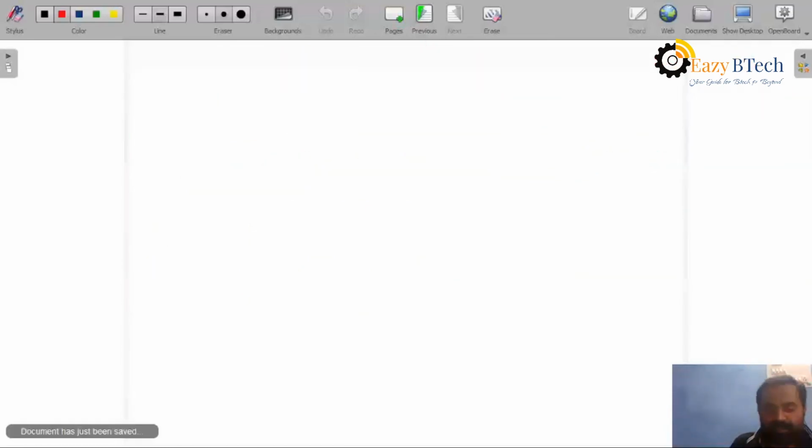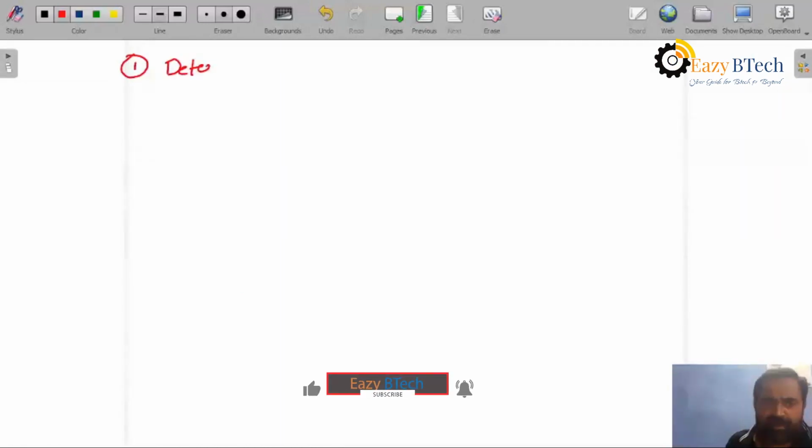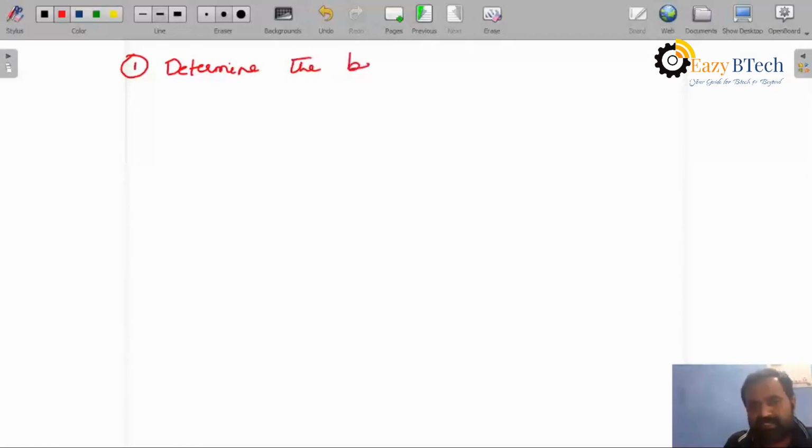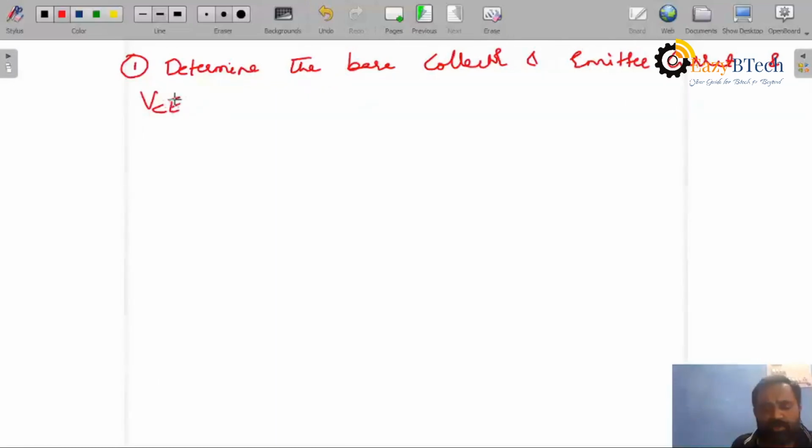Similarly, next you can say determine the base, collector and emitter current and VCE output voltage as shown from the circuit, okay.